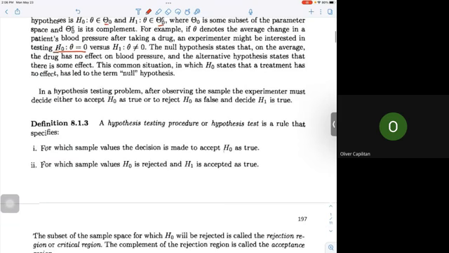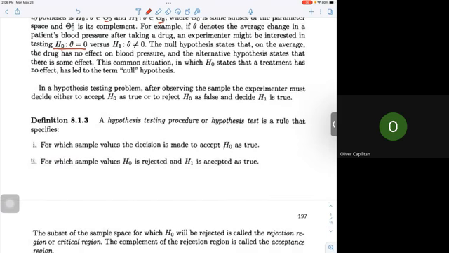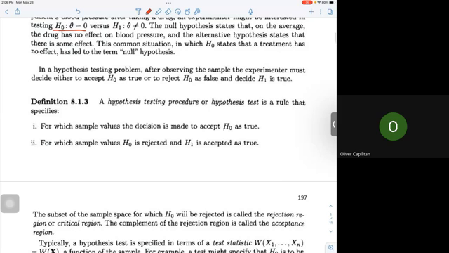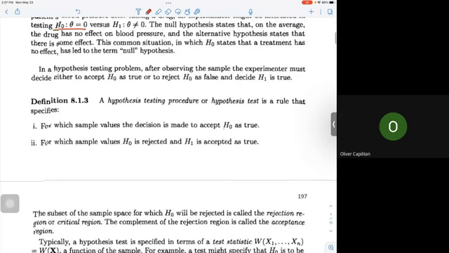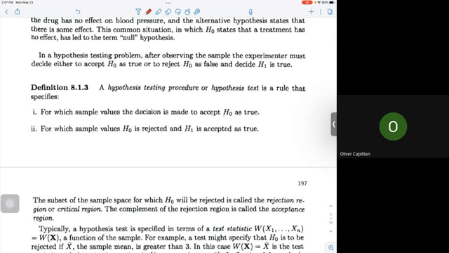So a hypothesis testing procedure, or hypothesis test, is a rule that specifies, one, for which sample values the decision is made to accept the null hypothesis as true, and two, for which sample values the null hypothesis is rejected and the alternative hypothesis is accepted as true.